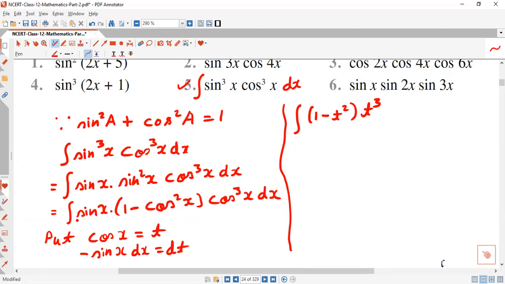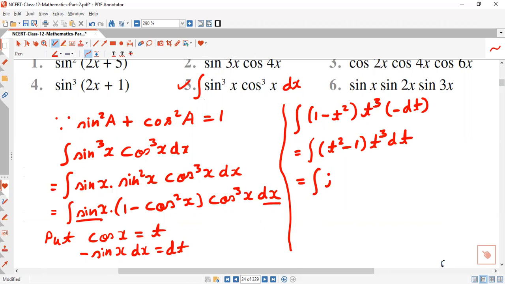And this sin x dx becomes minus dt. I will simplify it, taking the minus sign inside, so it becomes t square minus 1 times t cube dt. Simplify this and you get t to the power 5 dt minus t cube dt.